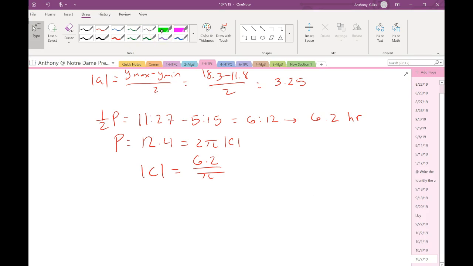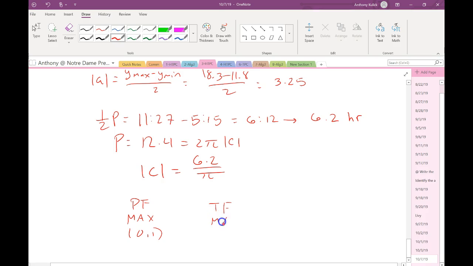And the last thing I need to do is figure out my h. So in my parent function, I have a maximum that occurs at 0, 1. In my transformed function, I have that a maximum occurs at 5:15, comma, whatever that number was, 18.3.